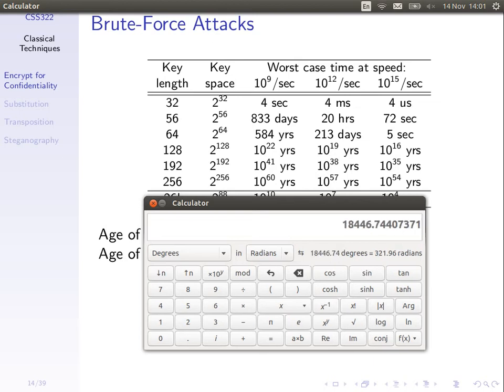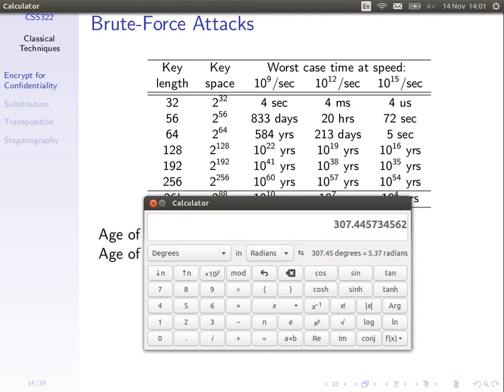That's the number of seconds. How many minutes? Divided by 60. How many hours? Divided by 60. I think this should be 5 hours, not 5 seconds here. Okay, you can fix that on your slides. Good. 5 hours is not long.